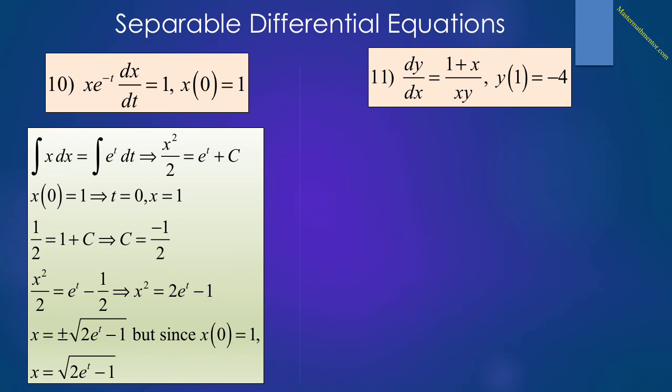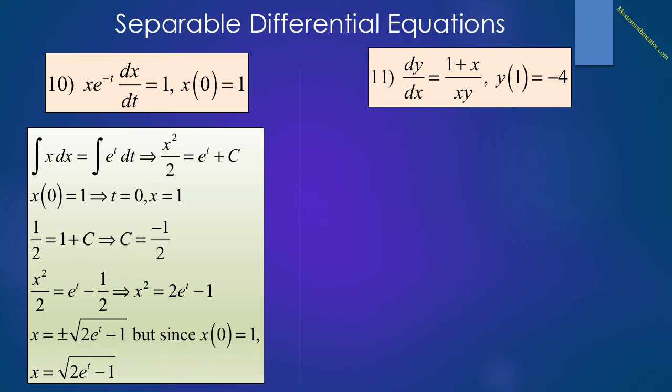Using the fact that x of 0 is equal to 1, which means that when t is equal to 0, x is equal to 1, we get 1/2 is equal to 1 plus c, giving c equals -1/2. Replacing this, we get x squared over 2 is equal to e to the t minus 1/2. And therefore, x squared is equal to 2e to the t minus 1.